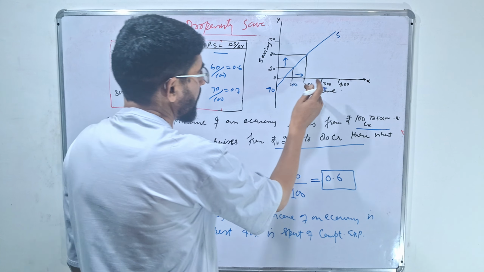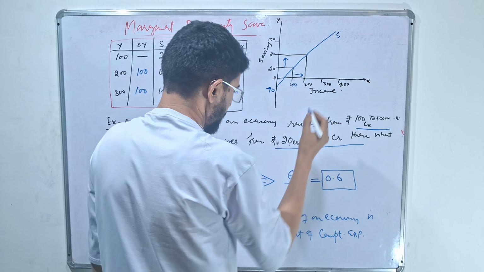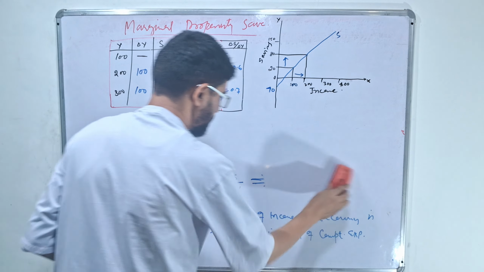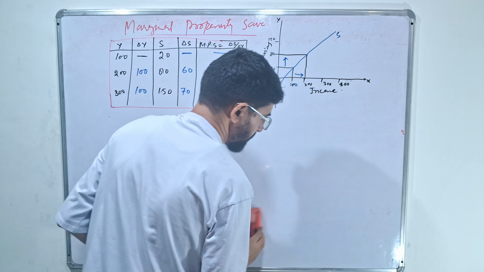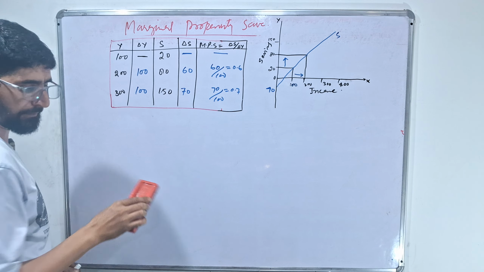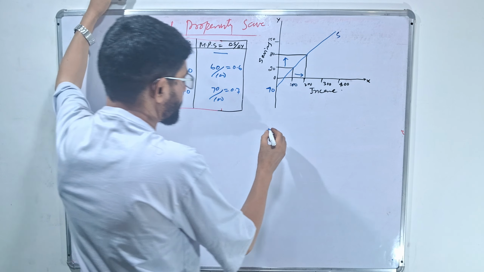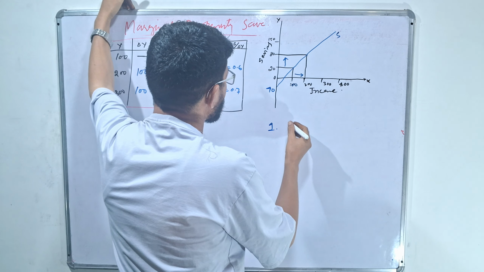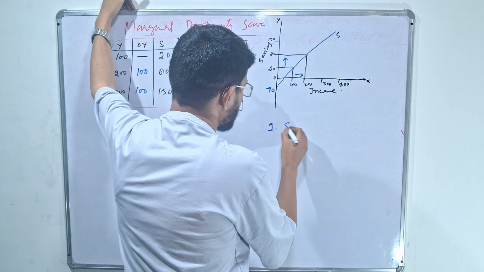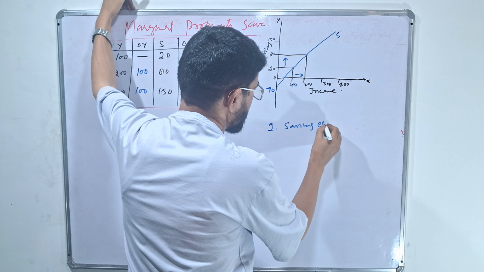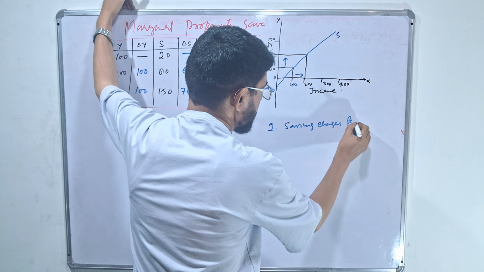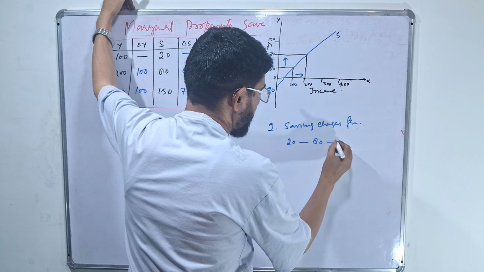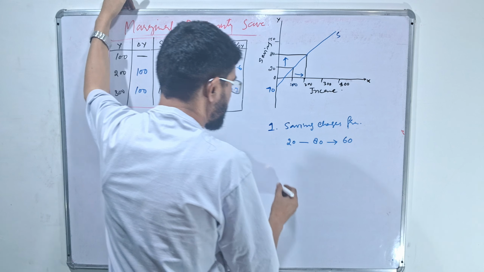This shows us the difference between 100 and 200. I will write here, first point, as we can easily write a few points. Saving changes from 20 to 80, that means the difference is 60.